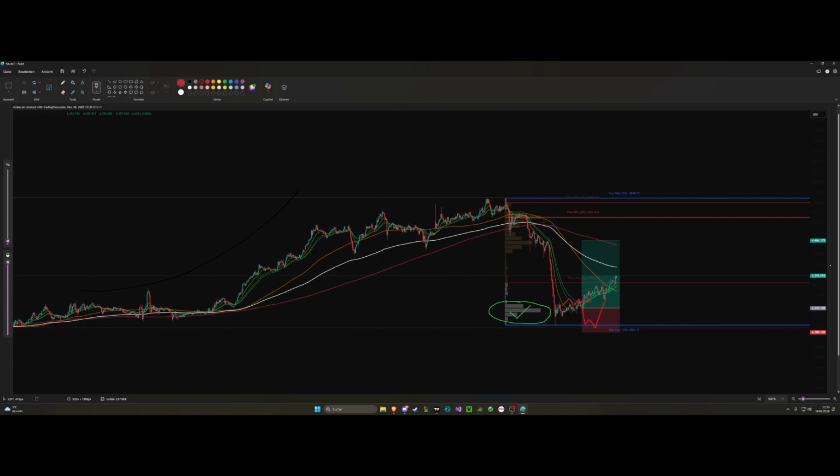So quick recap of this scenario 1 that I like to trade with this volume profile. We have overall a bullish market, for example gold is bullish, Nasdaq is bullish, whatever.